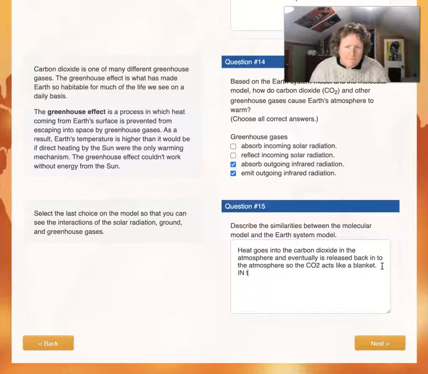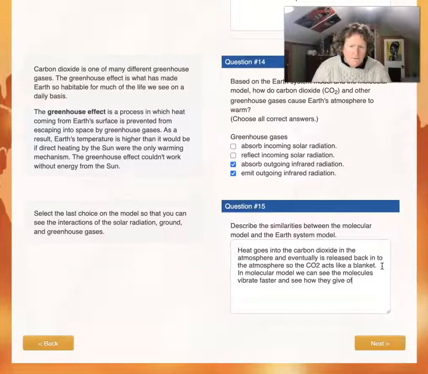In the molecular model, with molecules, with particles like we just saw above, we can see the molecules vibrate faster and see how they give off infrared radiation or heat when they cool down. So it's a little bit more of a detailed model.